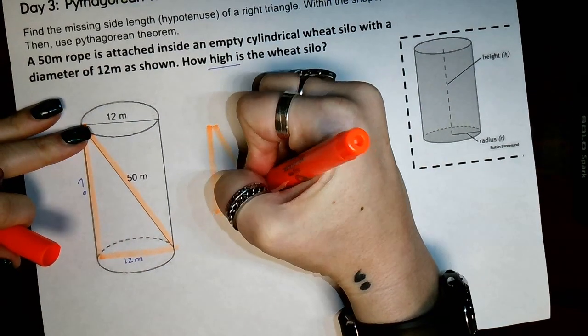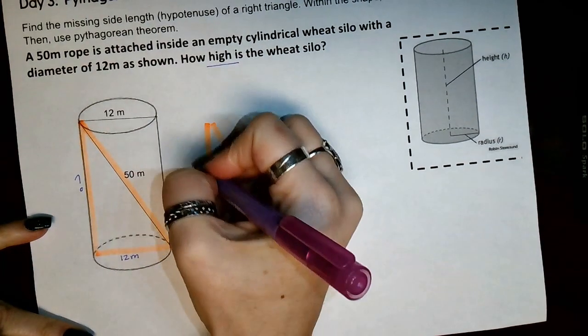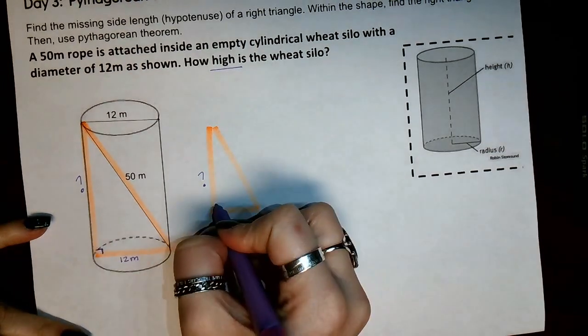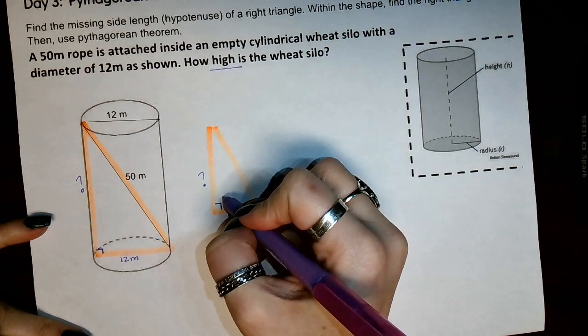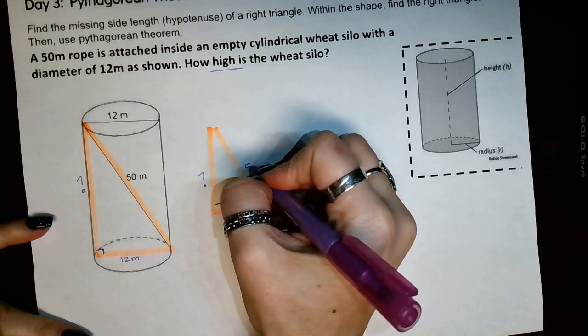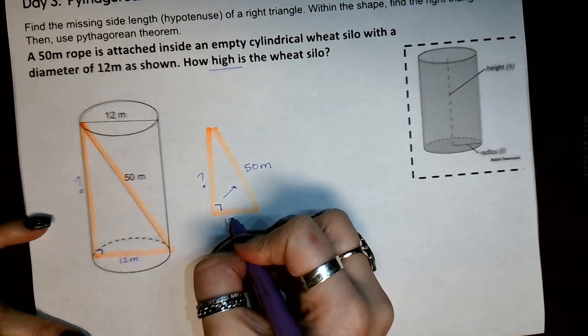So here's our right triangle. This side length is what we don't know. Notice this right here has created that right angle, meaning this is the hypotenuse. The hypotenuse is this 50-meter value. Right here we have 12 meters.